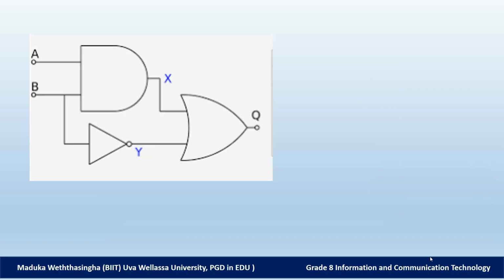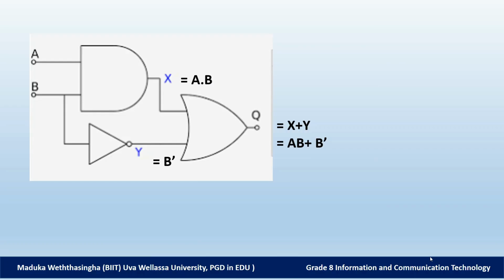This is our third example. There are 3 logic gates. Let's see the final output. X equals A dot B because it's an AND gate. Y equals B bar because it's a NOT gate. Then Q equals X plus Y because it's an OR gate.